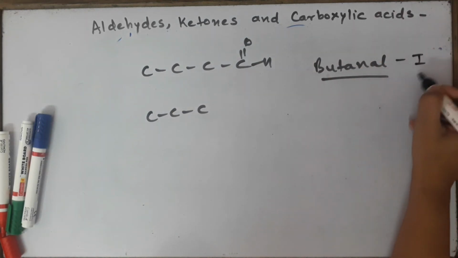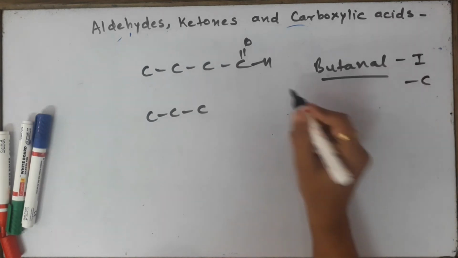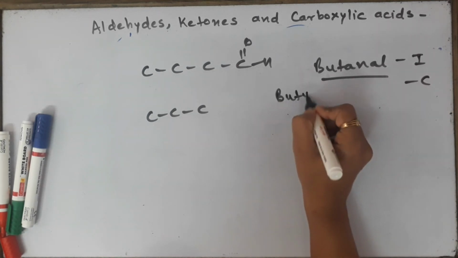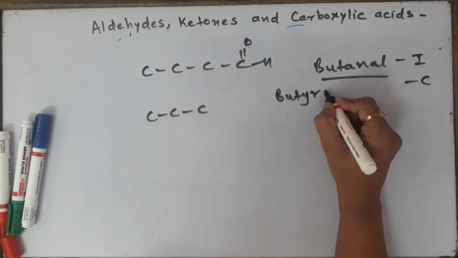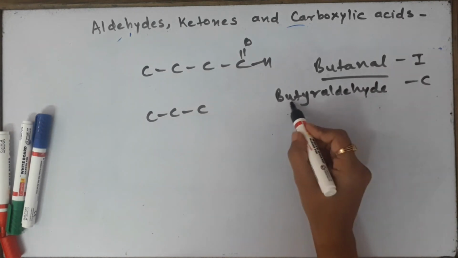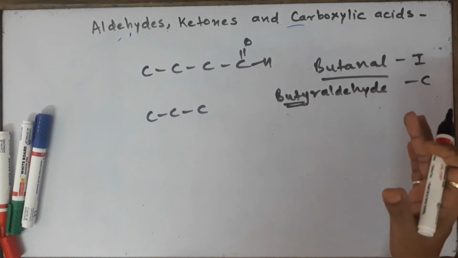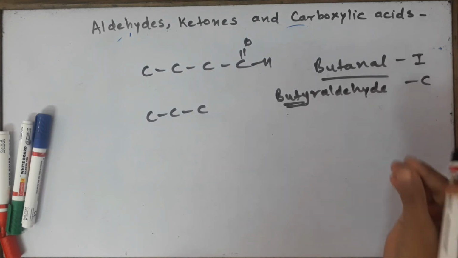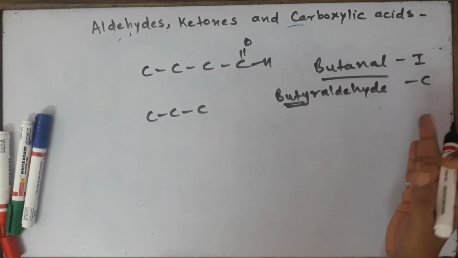So if you want to name it in the common name, then from butyric acid I'm going to pick up the word butyr and I'll say butyraldehyde. It's obtained from butter. When the butter gets spoiled, it gives you butyric acid, that dirty smell coming out of it. So butyraldehyde is the common name.